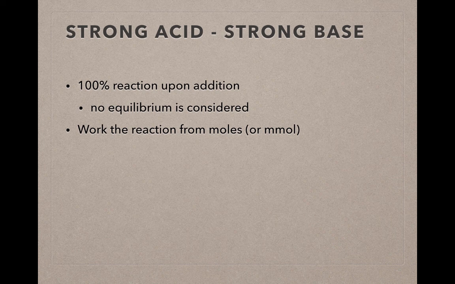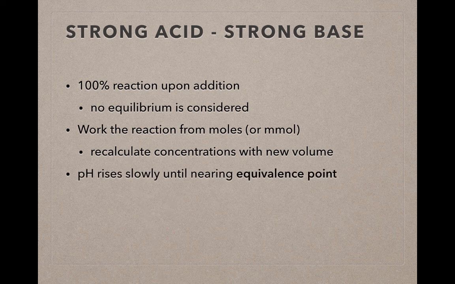Since our volumes are generally in milliliters, working in millimoles is usually a little bit easier. Once we've done the reaction in terms of moles, we can calculate brand new concentrations using the new volume. Since we're going to add volumes of either acid or base, we have to keep track of the volumes, but we can recalculate the concentrations after the reaction with that brand new volume.